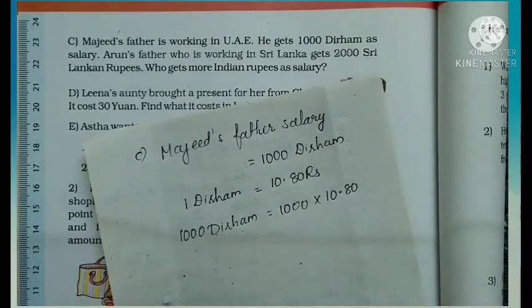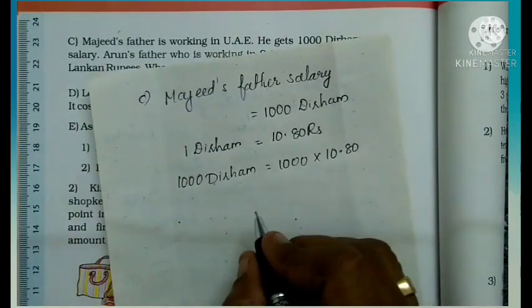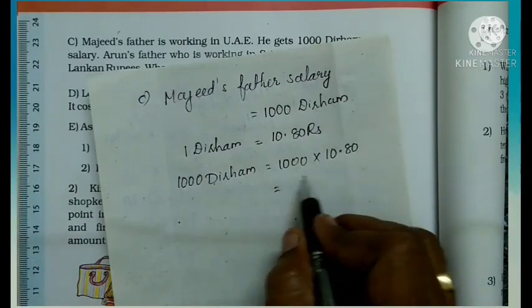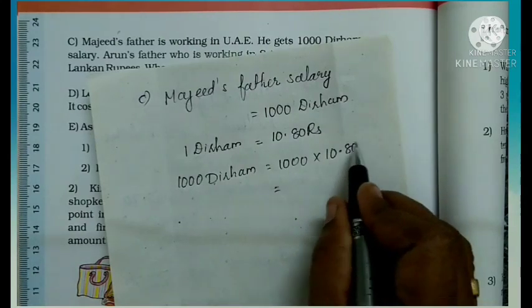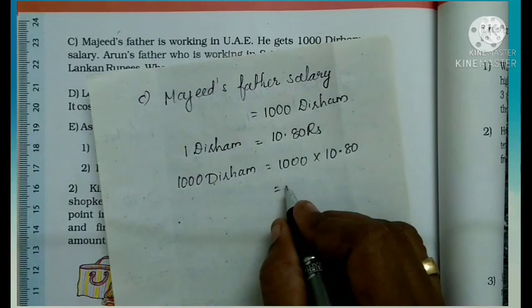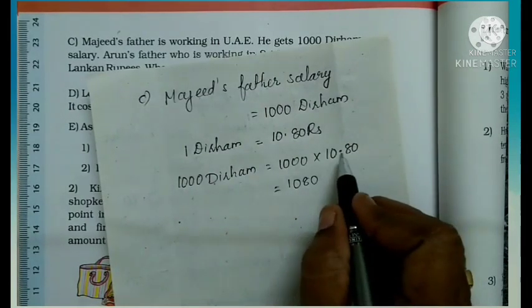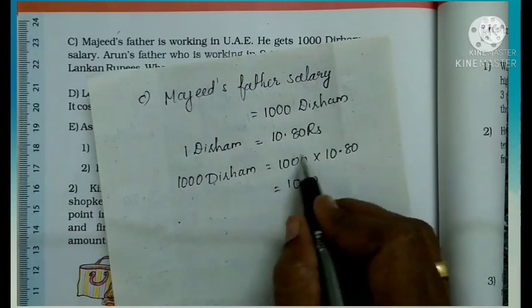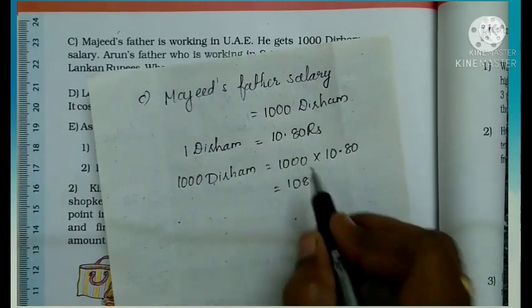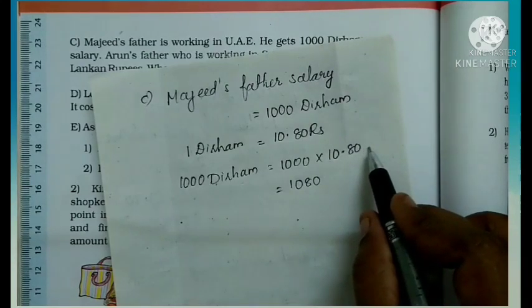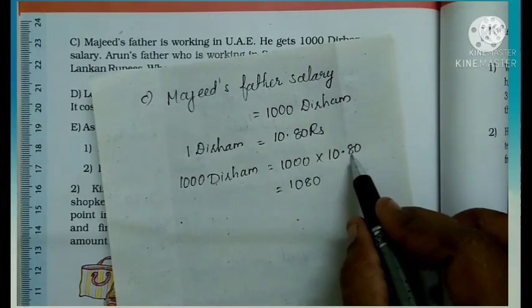10.80. So how can we multiply this? That also we studied in the previous video. Yes, first we write the number without putting the point, 1080. Then how many zeros does 1,000 have? Yes, 3 zeros. After 3 places we have to put the decimal point. But here only 2 places.